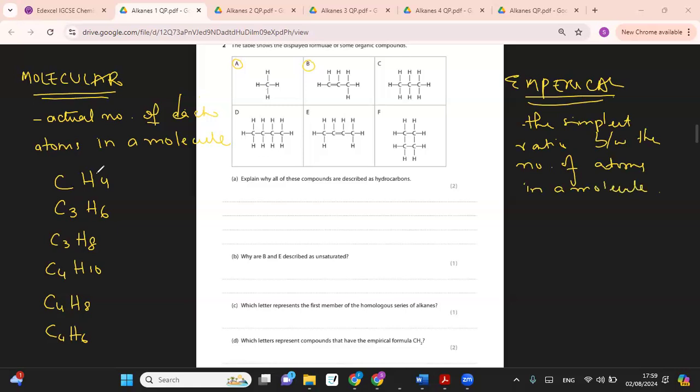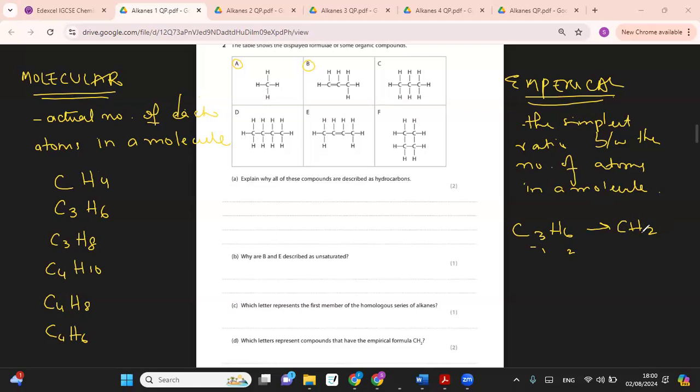For example, for CH4, it's going to be CH4. We can't do anything. But take a look at C3H6. If I use mathematics and take out the ratio, 3 ones are 3, 3 twos are 6. So we get CH2. That's the simplest ratio. The empirical formula tells you that for one carbon atom, we need 2 hydrogen atoms.